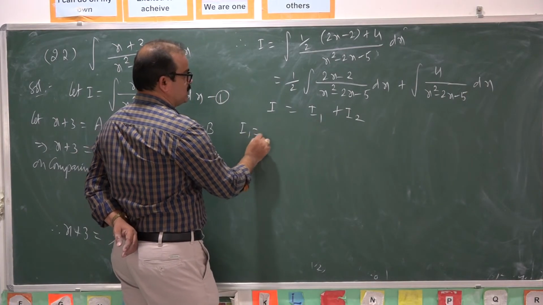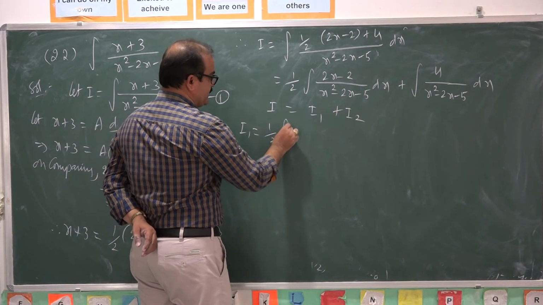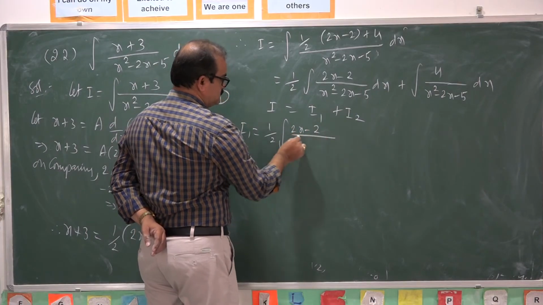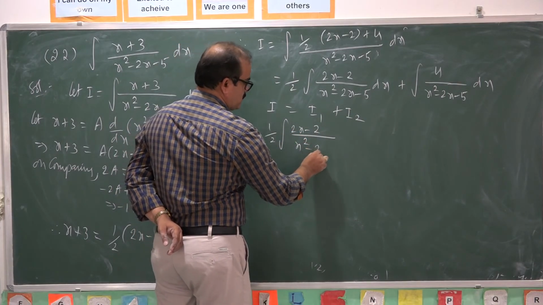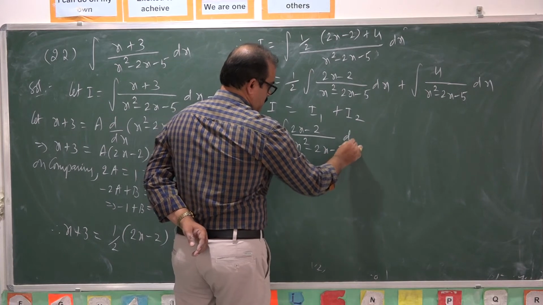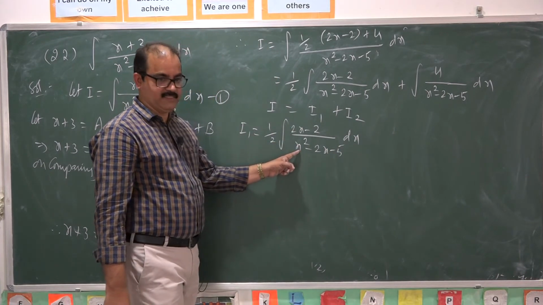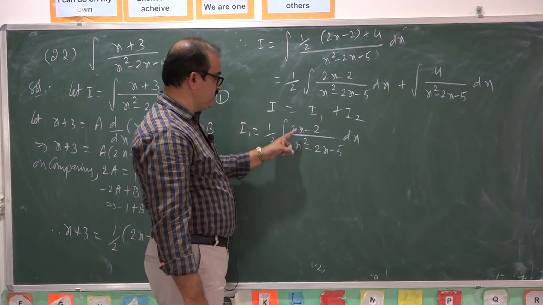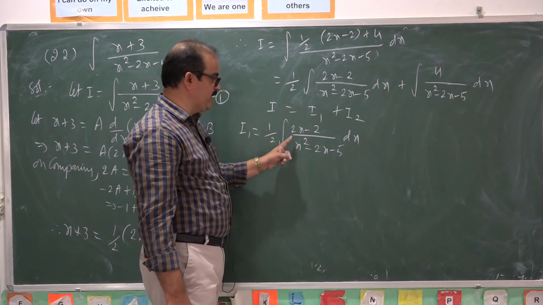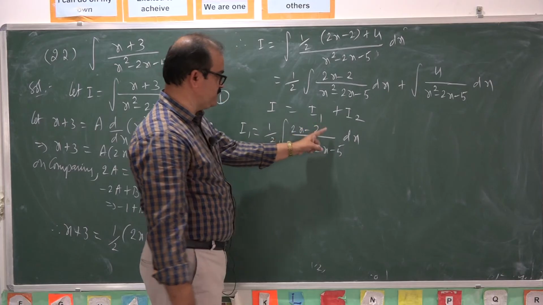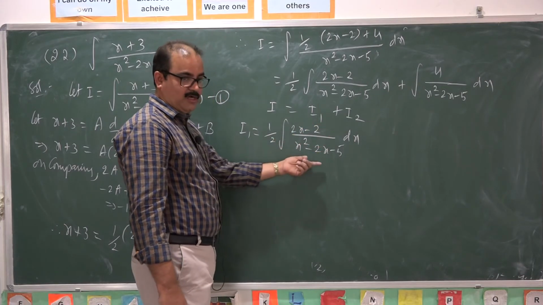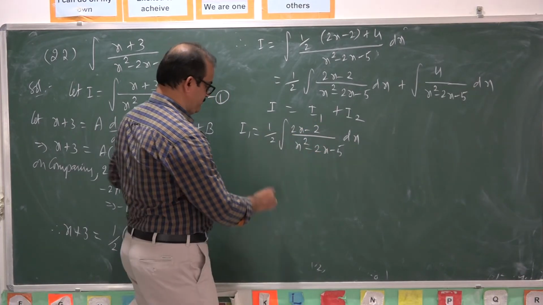I1 is equal to 1 by 2 into integral of (2x − 2) by (x² − 2x − 5) dx. Clearly this is the derivative of this denominator. If numerator is derivative of denominator, then integral value is log of mod of denominator.